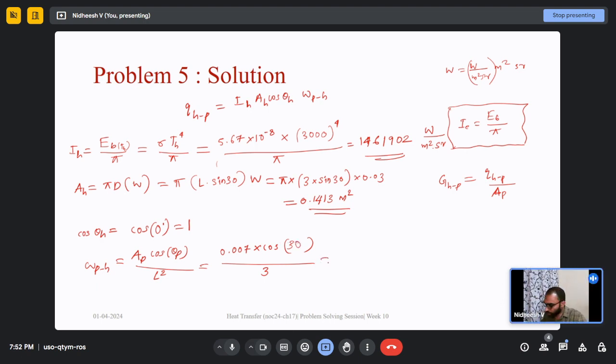So that value would be 0.007 into cos 30 divided by 3. Not 3, 3 square, right?